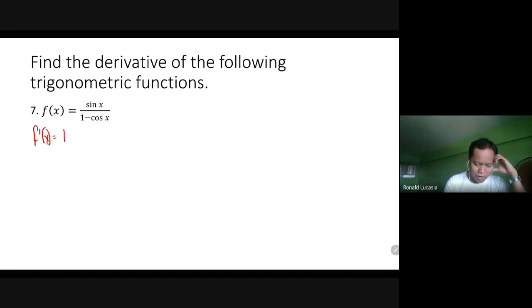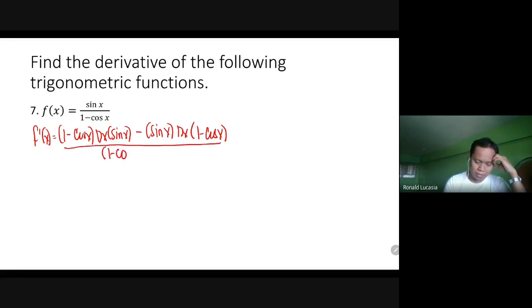So, we have 1 minus cosine x, derivative of sine x, multiplied by, minus the numerator, sine x, multiplied by the derivative of the denominator, which is 1 minus cosine x, over the denominator squared.